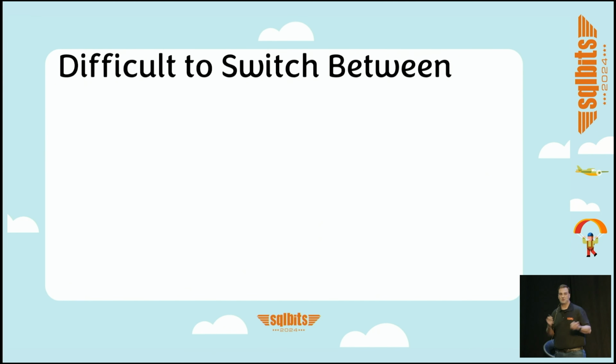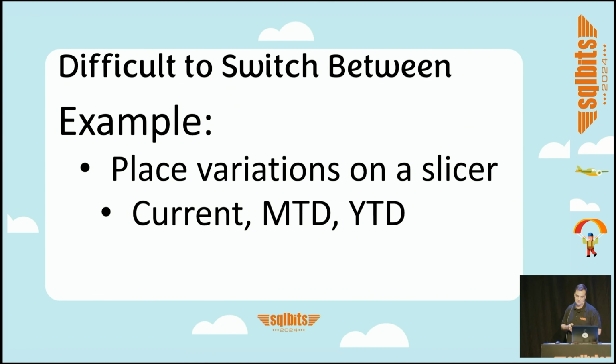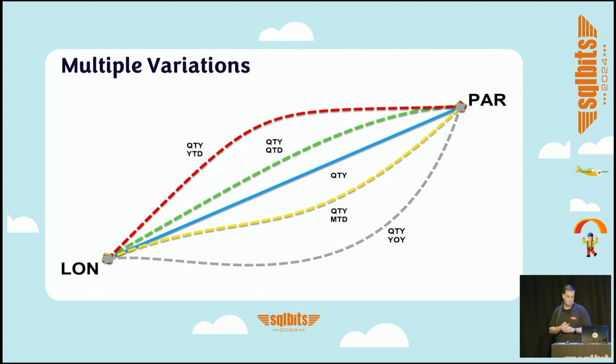Also, with all these various measures, it's difficult to switch between them. For example, if I want to place one of those variations on a slicer, I want to be able to slice between year to date, month to date. That's not easy to do. So going with the flight analogy, we kind of have these routes, and this is just for one measure.